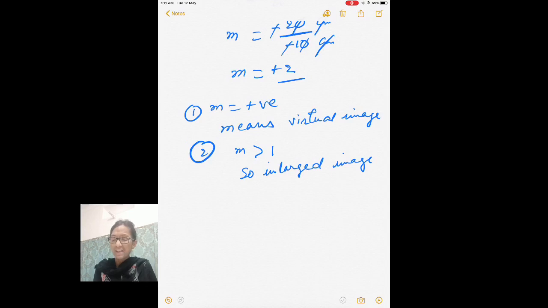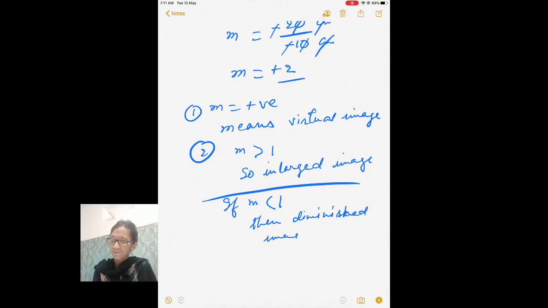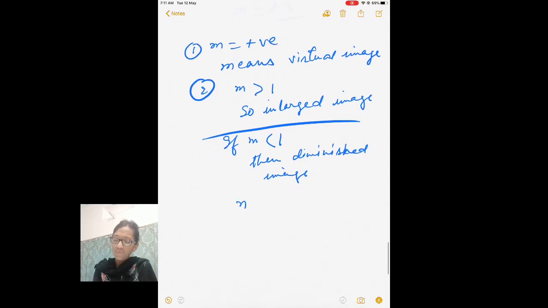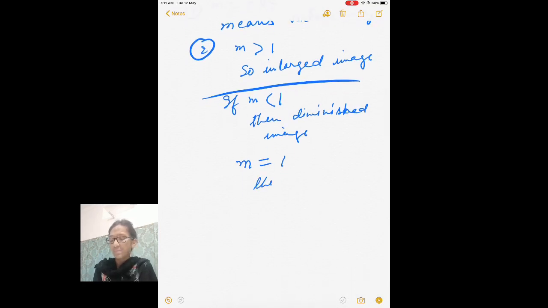If m was less than 1, then it would have diminished image. And if m is equal to 1, then image size is same as the object size.